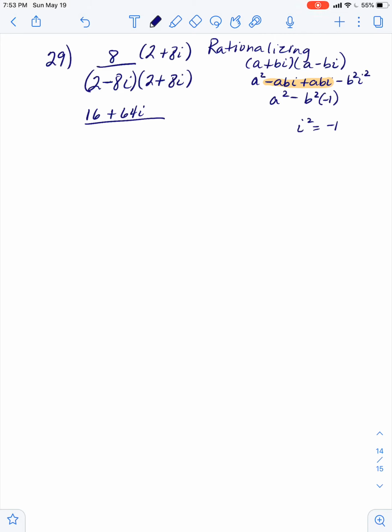Okay. In the denominator, we've got to FOIL. So first, okay, outside, inside, and the last. Okay, and so in the numerator, there's no like terms, so we can't do anything there.